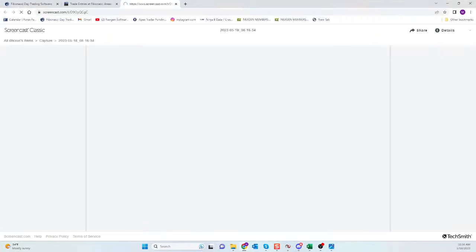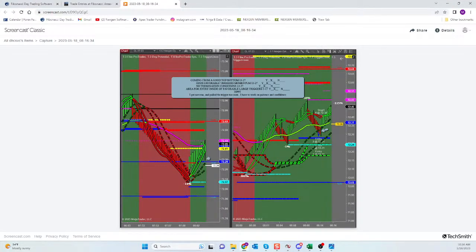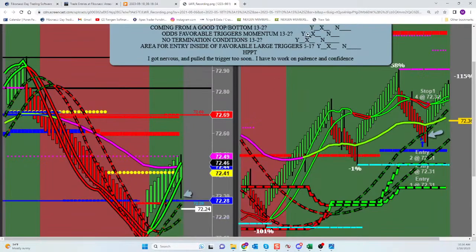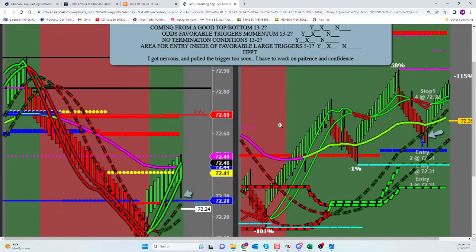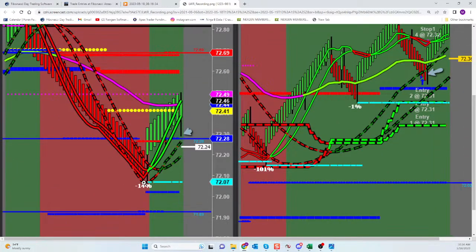All right, D, you got us started today. And let's see what we have. And notice that D's using the checklist, right? Is the market coming from a good top or bottom? D, not quite. Guys, remember that a good top or bottom is a termination condition that creates a full reversal.